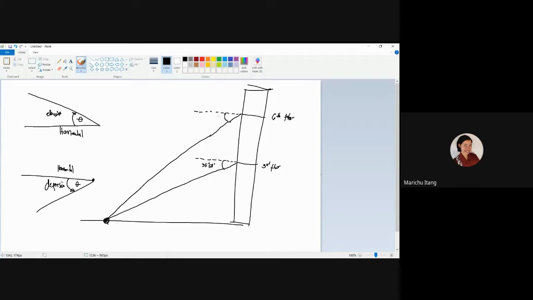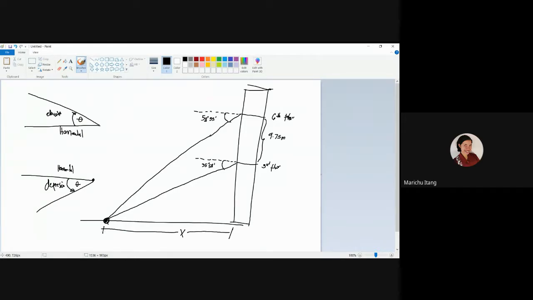The distance between the sixth floor and the third floor is 9.75 meters. So the problem is, how far is this? Let's say this is X. How far is the object from the building?